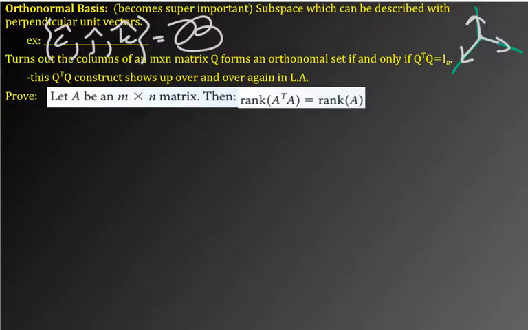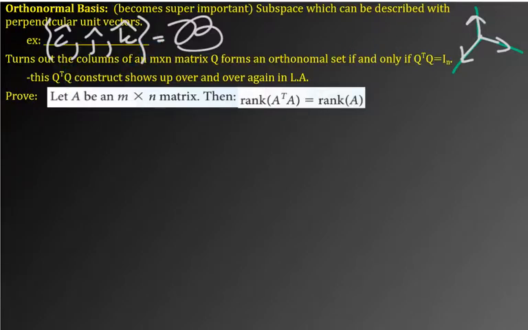It turns out that the columns of an n by n matrix, say Q, form an orthonormal set if and only if Q transpose times Q equals the n by n identity matrix. This Q^T Q thing shows up over and over again in linear algebra, and we will see it again.